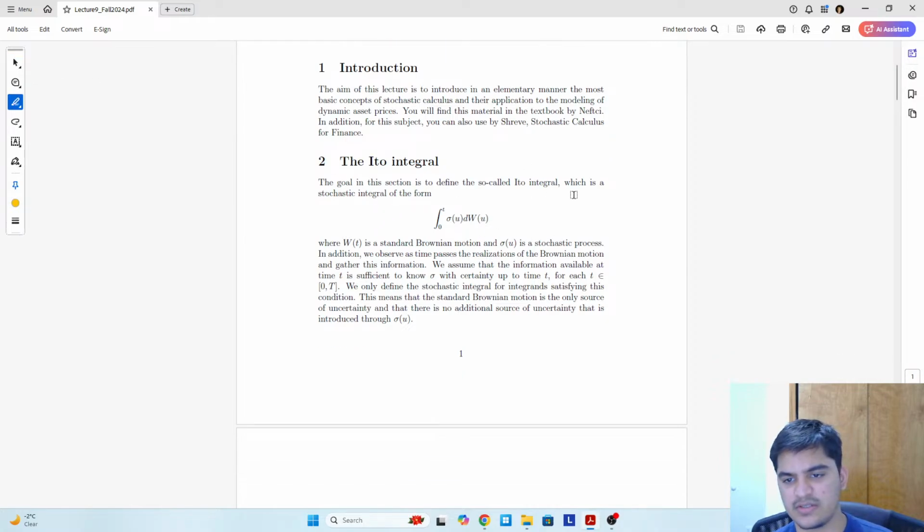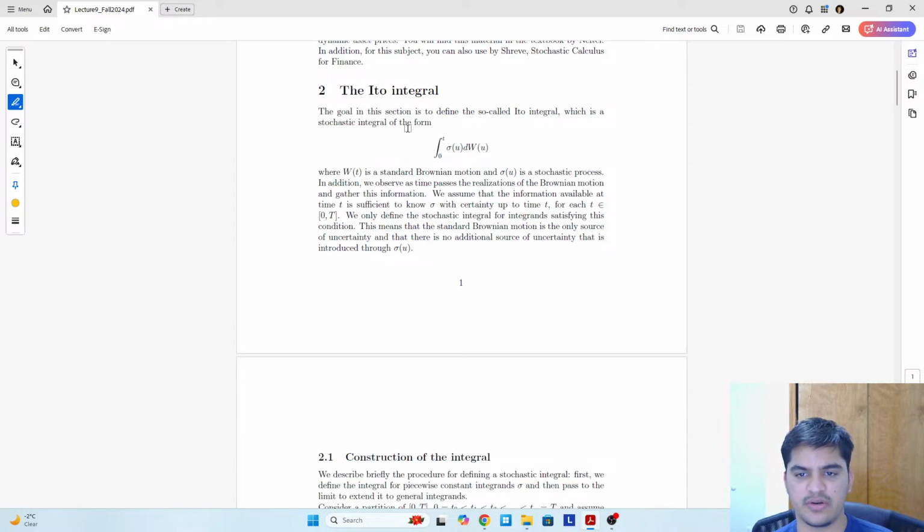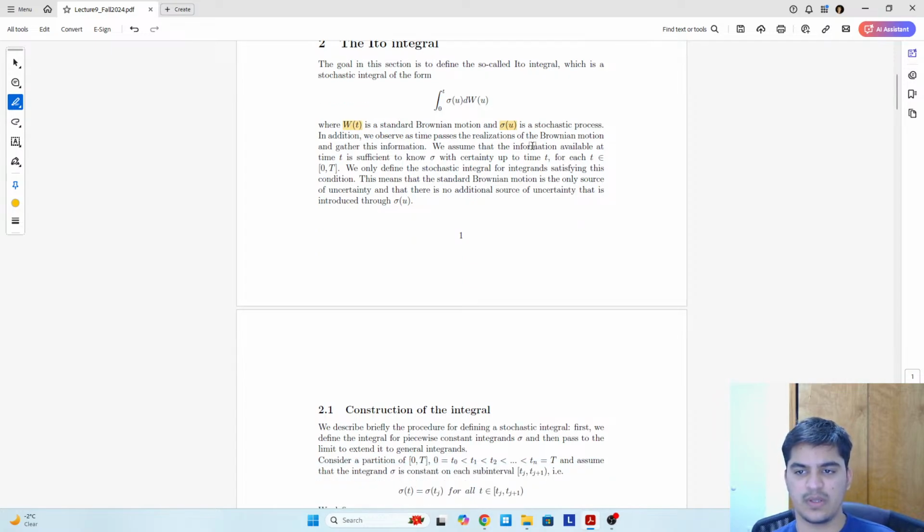The goal of this section is to define the so-called Ito's integral, which is a stochastic integral of the form sigma u dW_u, where sigma u is a stochastic process and W_u, or W_t, is a standard Brownian motion.